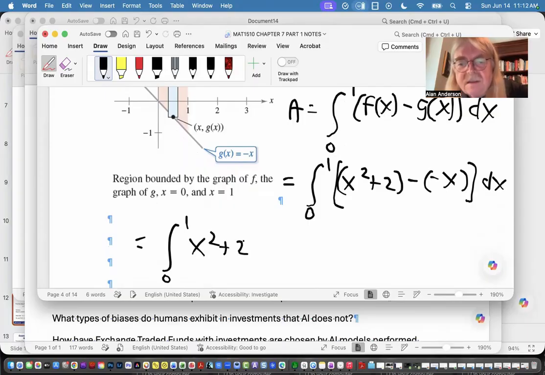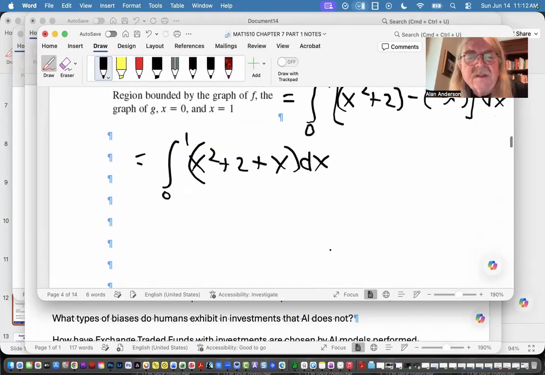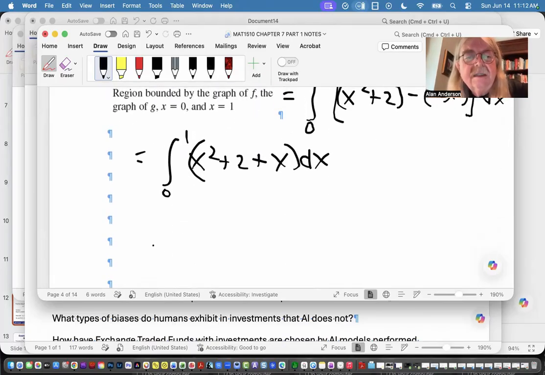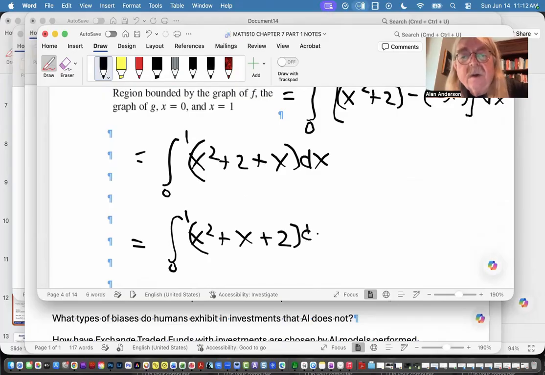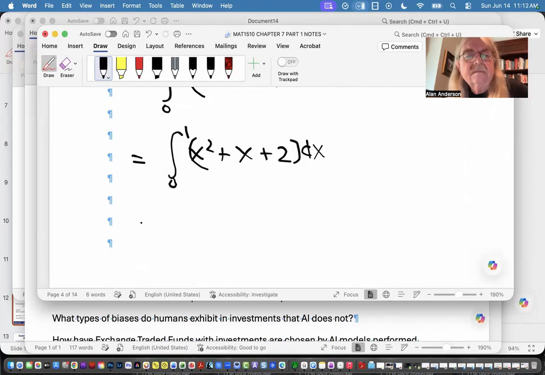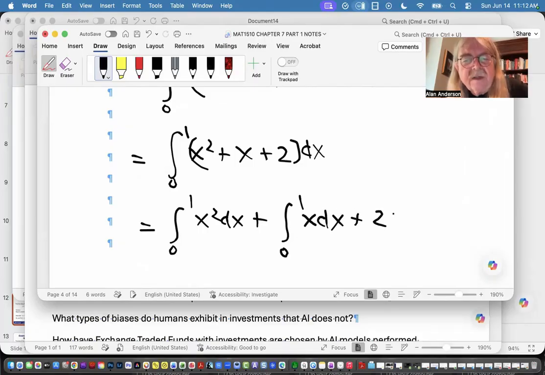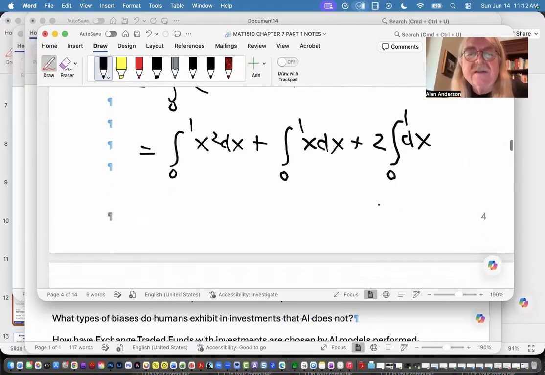So minus x is plus x. So let's rearrange it, make it a little neater. And then we can go ahead and integrate it as three different integrals all added up. With this one, I'm going to factor out the 2, and then I'll apply the power rule to each of these cases.